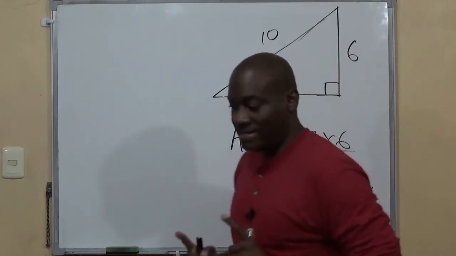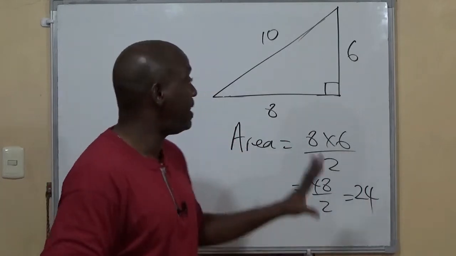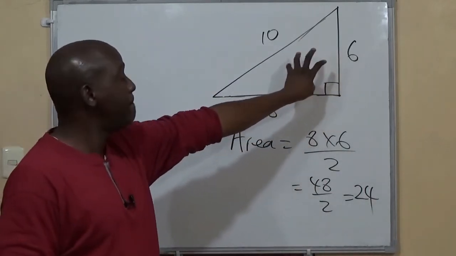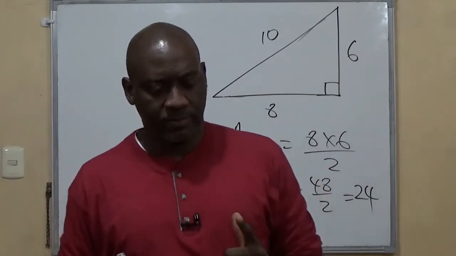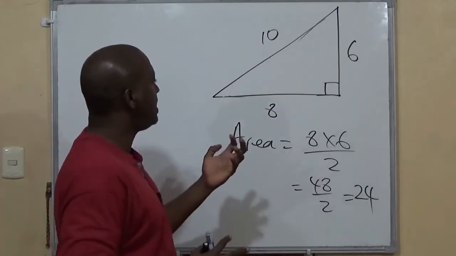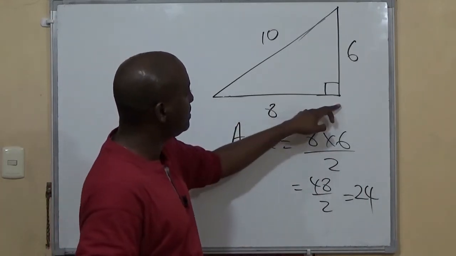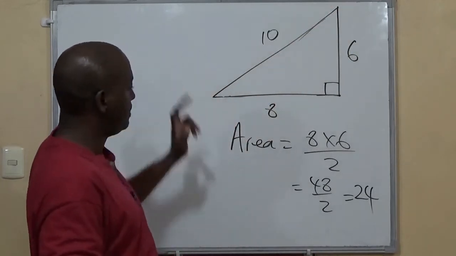So this now is an excellent example. You see how these things are? I didn't even plan that. I just chose random figures. This is an opportune moment to talk about the whole question of units. If we're talking about length, the unit of perimeter is length because it is the length of this side plus the length of this side plus the length of this side.